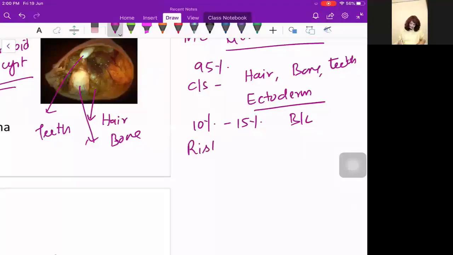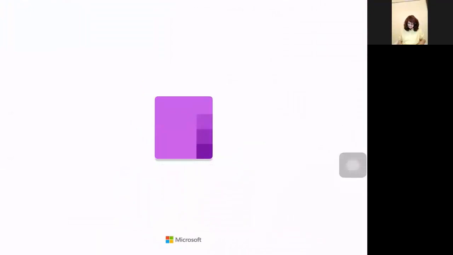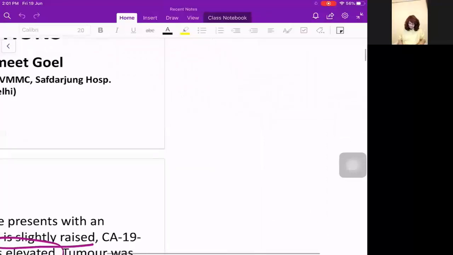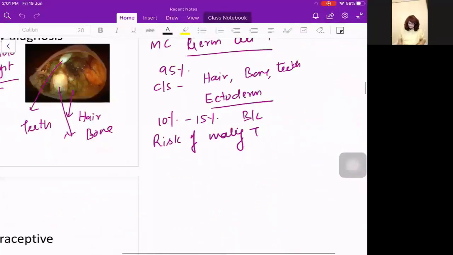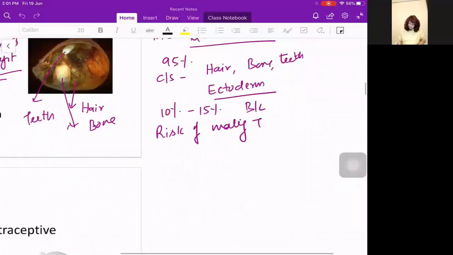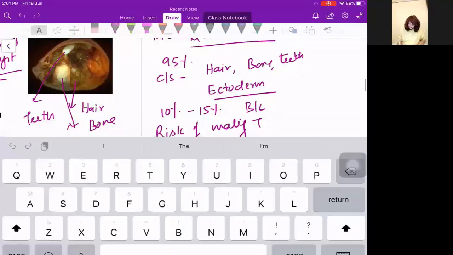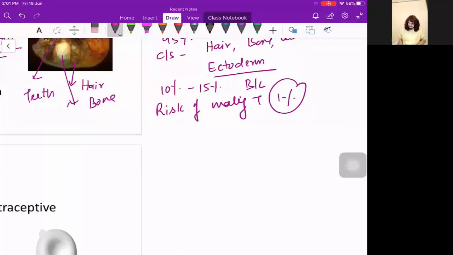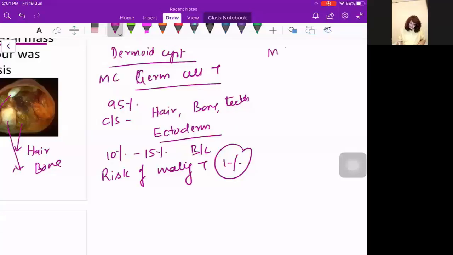Now, the risk of malignant transformation of dermoid is just 1%. So it is usually rare. Next, this is the most common ovarian tumor which undergoes torsion or twisting.